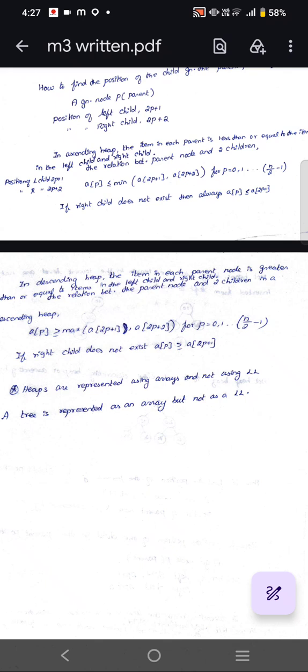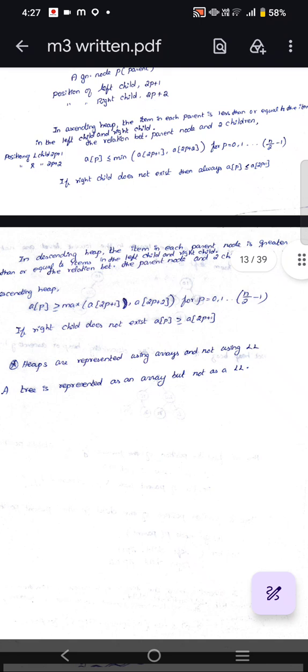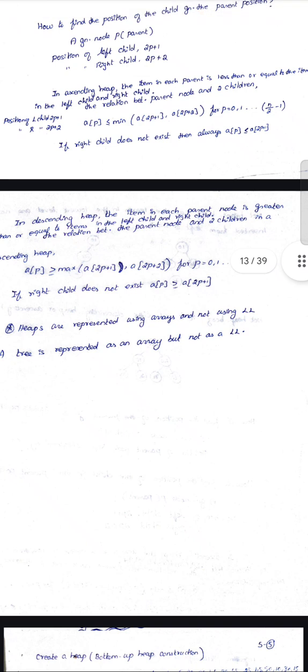A of P is less than or equal to the minimum of A of 2P plus 1, A of 2P plus 2, for P equals 0 to n by 2 minus 1.